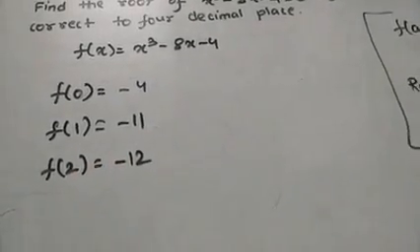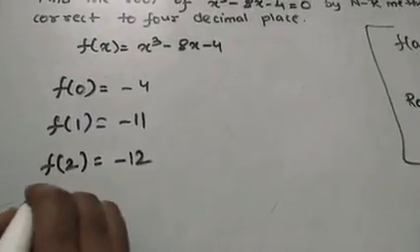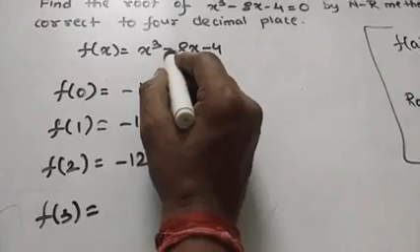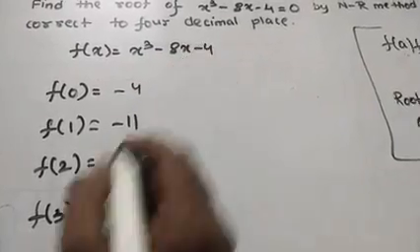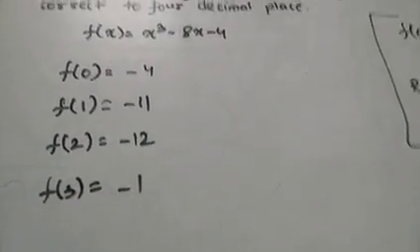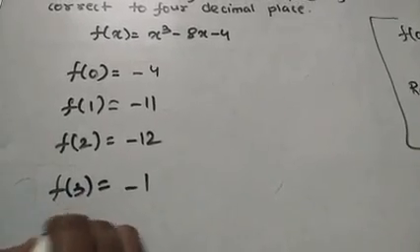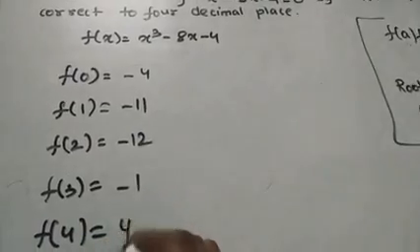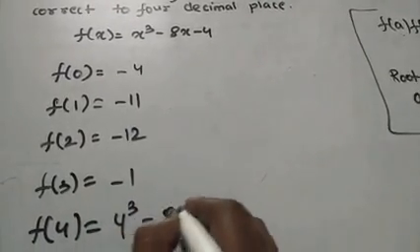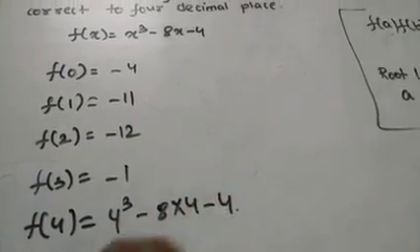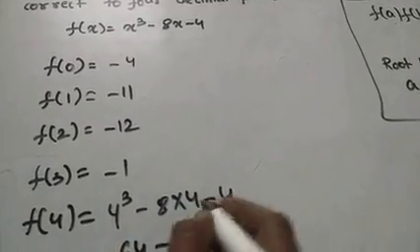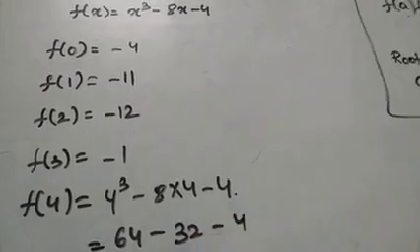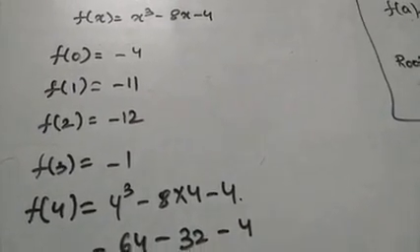Minus 12. f(3) is 27 minus 24 minus 4, that is minus 1. f(4), in place of x I'm putting 4: 4 cube minus 8 into 4 minus 4, that is 4 cube is 64, 8 into 4 is 32, minus 4. So finally what we get? 28.